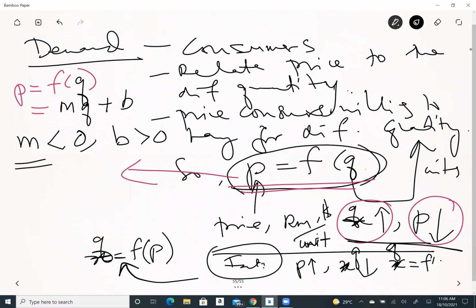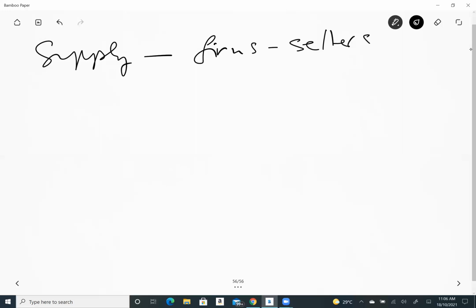The supply function is the firm. Are you done? Yes. All right, good. So the supply function: it is the firm selling. Now, when you sell the good, sometimes you produce too much.